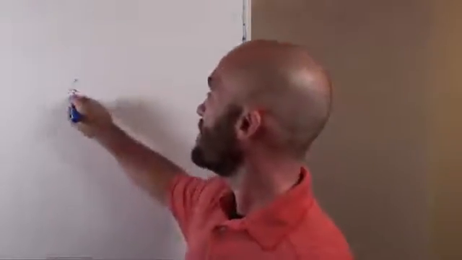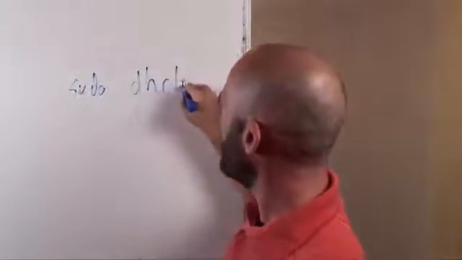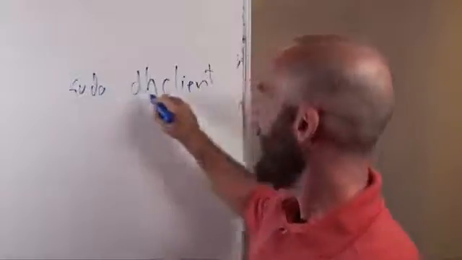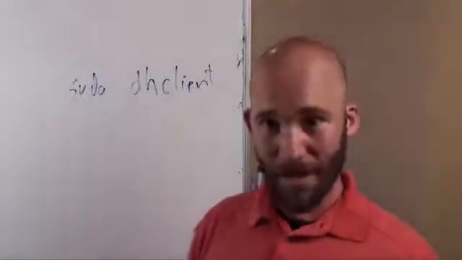Now, if your Linux server is a DHCP client, you know, from personal experience, I always like to give my Linux servers static IP addresses. I think it works out better. But if for whatever reason your Linux server is a client of DHCP and you need to get a new lease or a new IP address, all you need to do is run the command sudo dhclient. dhclient will release and renew your IP address.